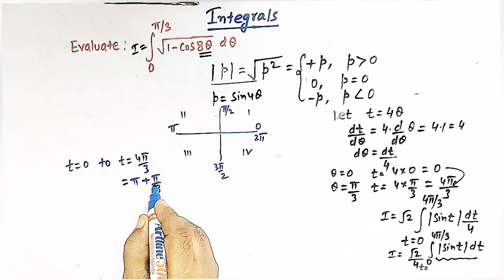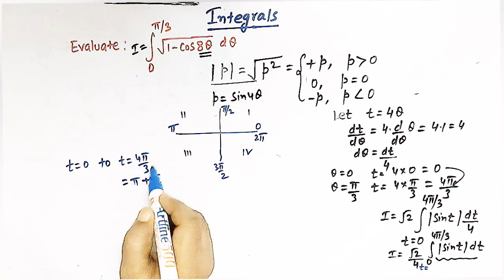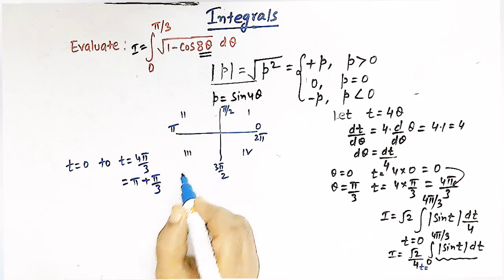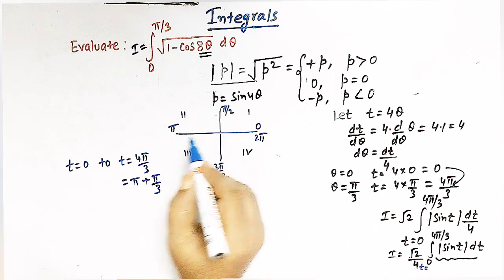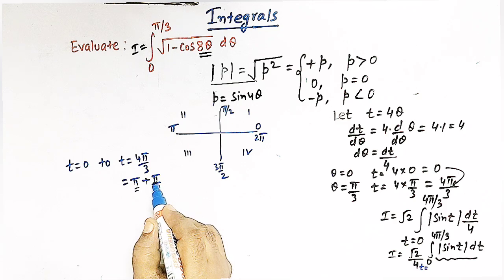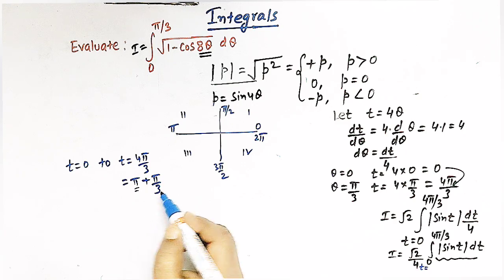So it implies that this upper limit, that is 4 pi by 3, falls in the third quadrant, because here we have pi, and we have an additional angle, that is pi by 3, right?